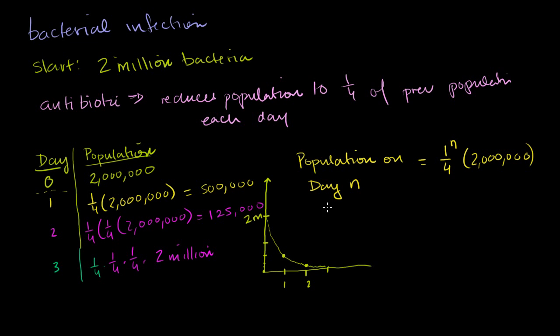Now, they also ask us to find the size of the bacteria population 10 days after the drug was first taken. So after 10 days, that's just n is equal to 10. So it's going to be equal to 1/4 to the 10th power times 2 million. And let's take our calculator out to calculate this.